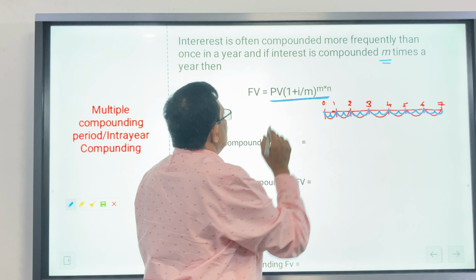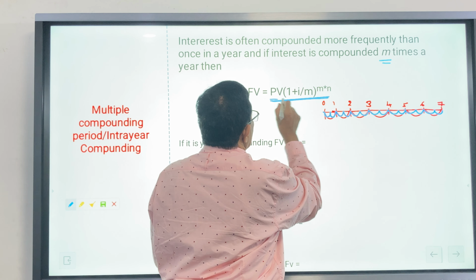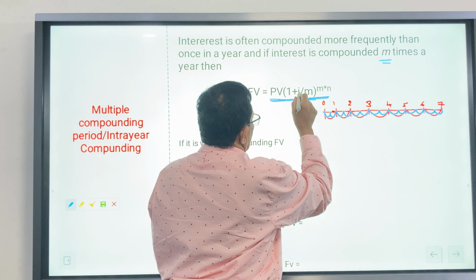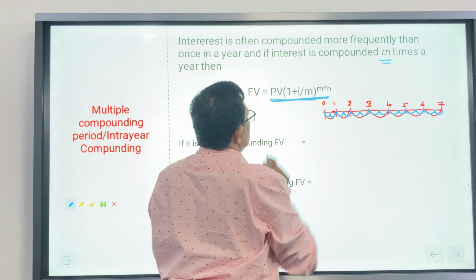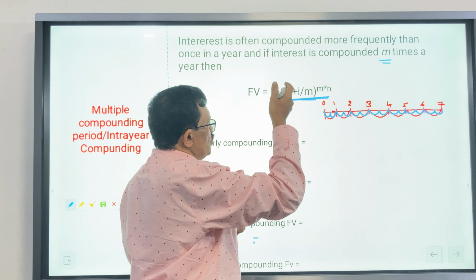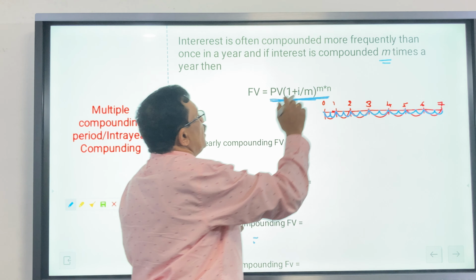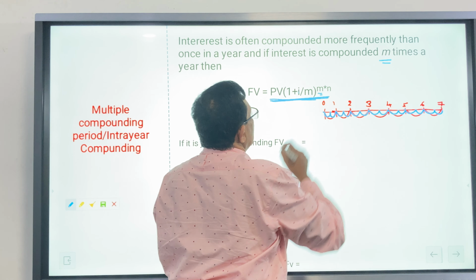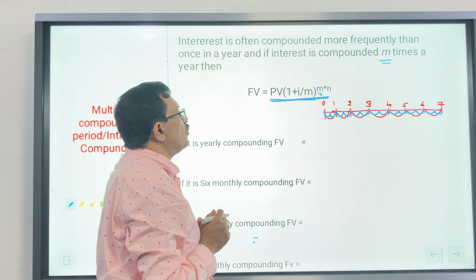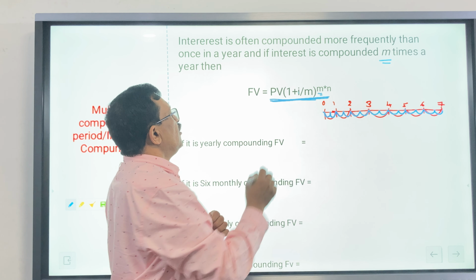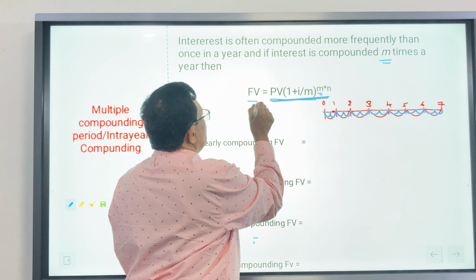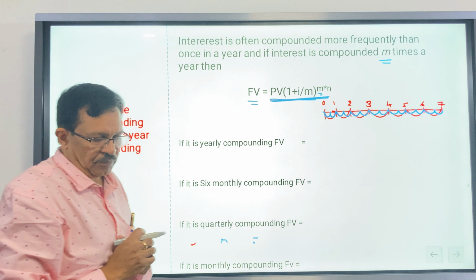So here, wherever i is going to be there, we are going to divide that particular i by m, and here we are going to have another m, so as to compute the future value in the case of multiple compounding.